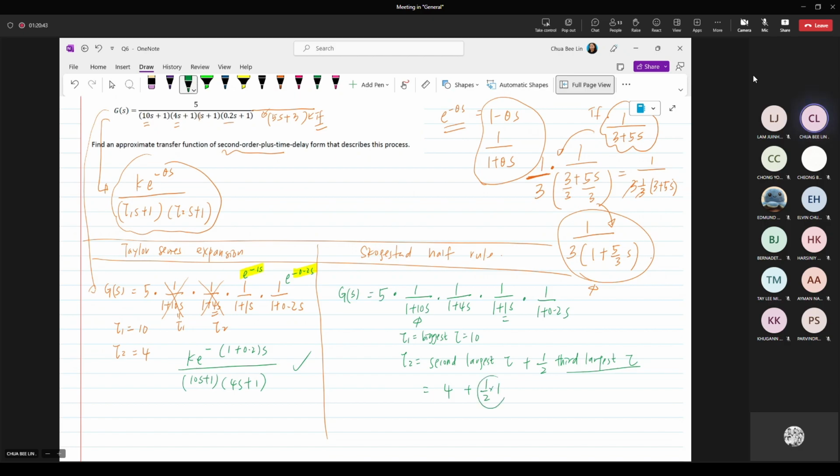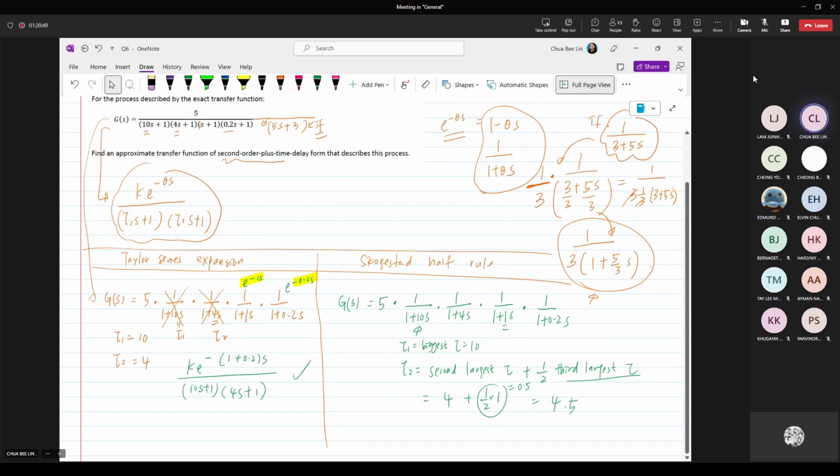So this one will give you 0.5, so 4.5. And then whatever you have used for tau, you cannot include. But this one will still have the remaining half. So 1 over 1 plus 1 over 2 multiplied by 1, to give you some ideas. Half of this one is actually 0.5. So it will give you 1 over 1 plus 0.5s.